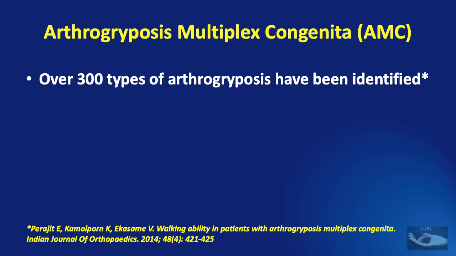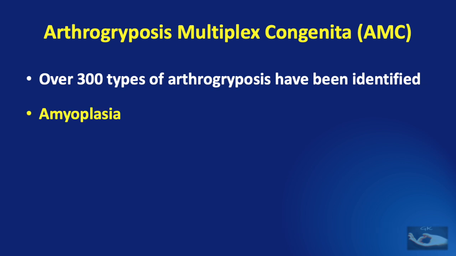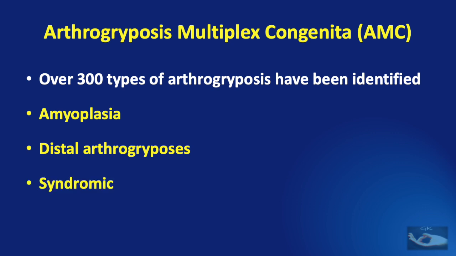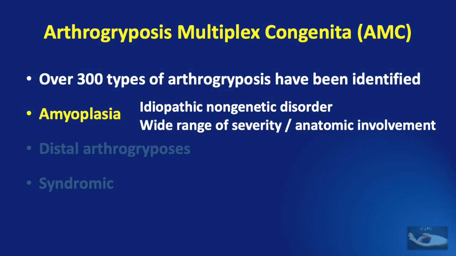But basically arthrogryposis may fall under one of three headings: amyoplasia, distal arthrogryposis, or syndromic arthrogryposis. Amyoplasia refers to idiopathic non-genetic disorder with a wide range of severity and anatomic involvement, and we shall see more about this later in this video.